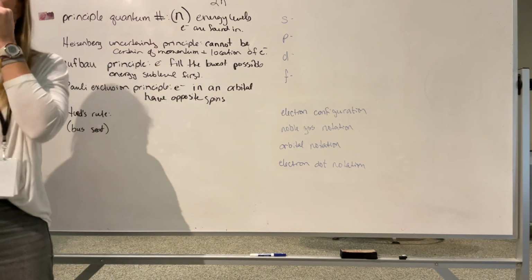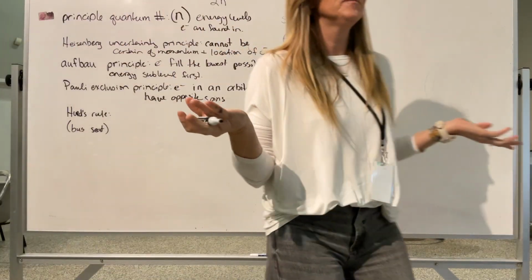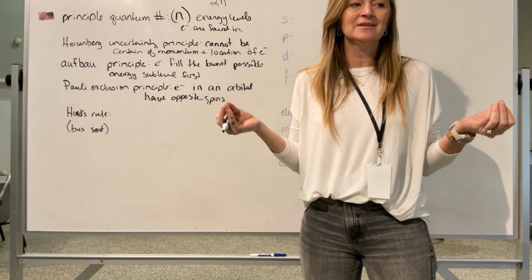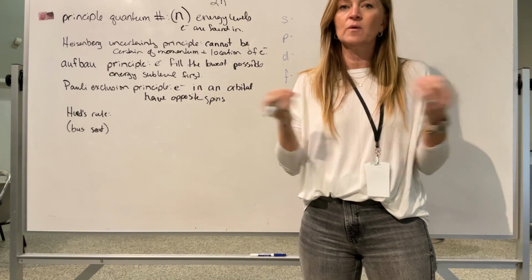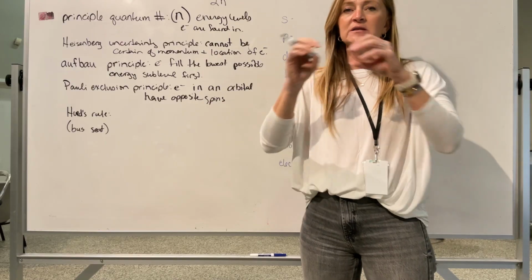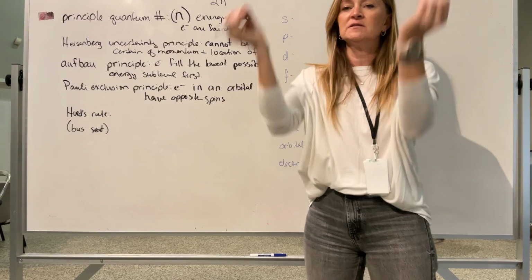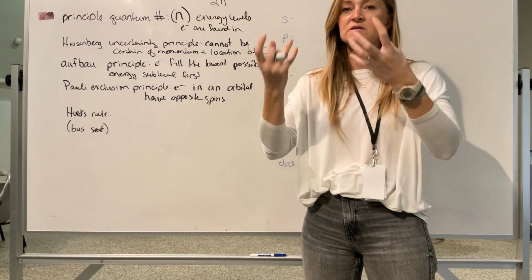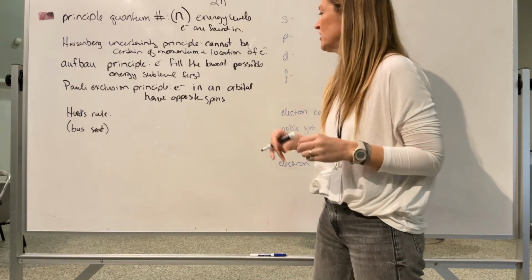And if you think about it, electrons all have a negative charge, right? If you put two negative sides of a magnet together, they're going to repel. So if you think about it that way, these negative charges are constantly in opposite spins, away from each other, okay? So they're constantly spinning in opposite directions.